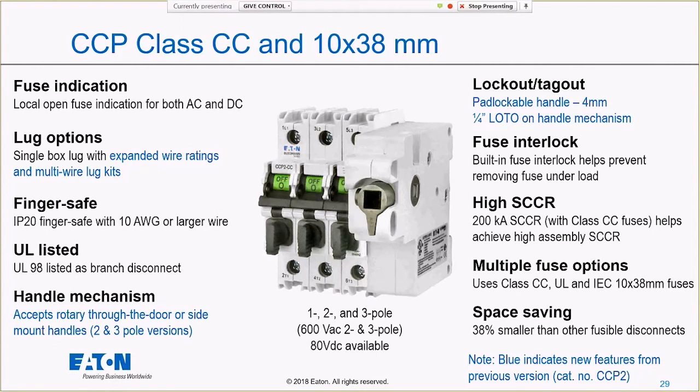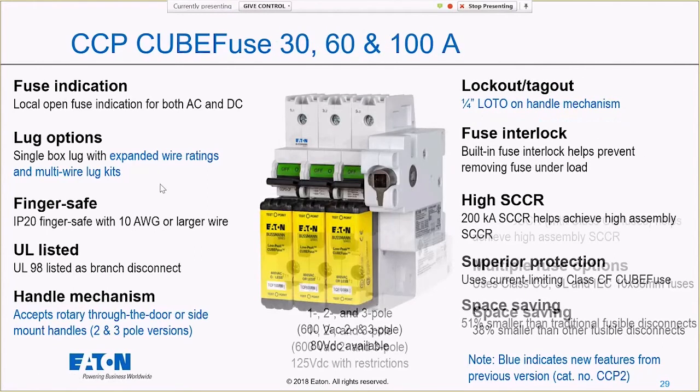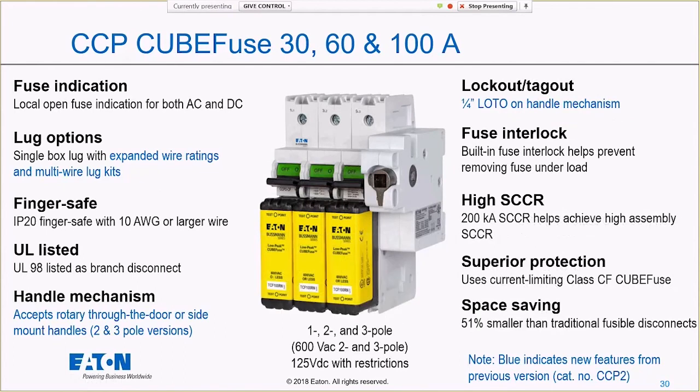Then you might ask, this is great, a very small 30 amp fusible disconnect, but what if I need more than 30 amps? Well, that's when we go into our CUBEFuse disconnect. If you are not familiar with the CUBEFuse itself, it was invented in the year 2000, so it is a pretty old fuse that's been around for a while. It is equivalent to a Class J in every way except the holder that it fits into.